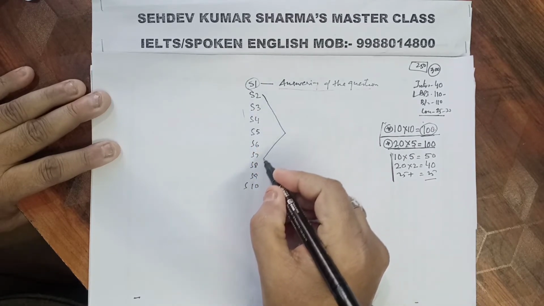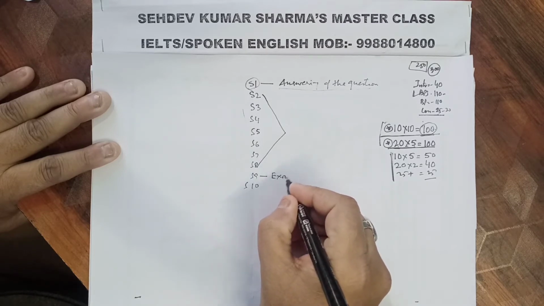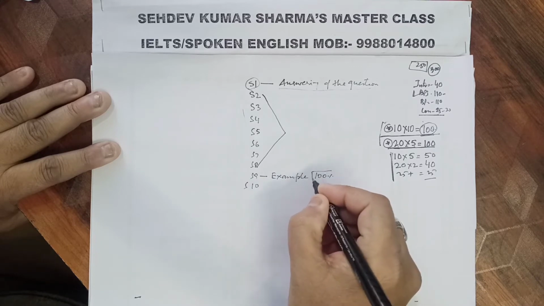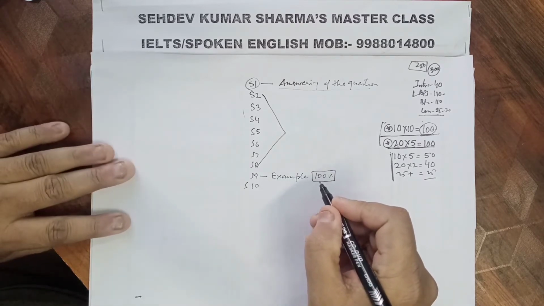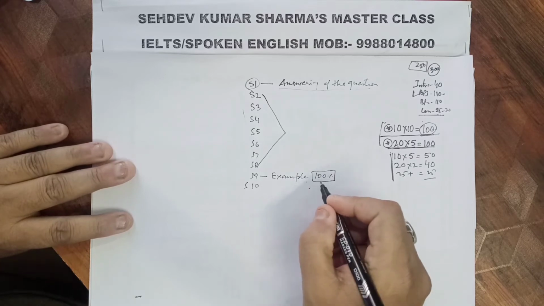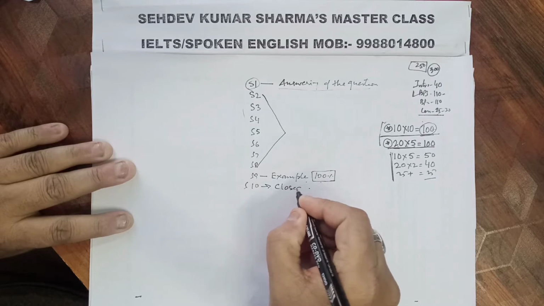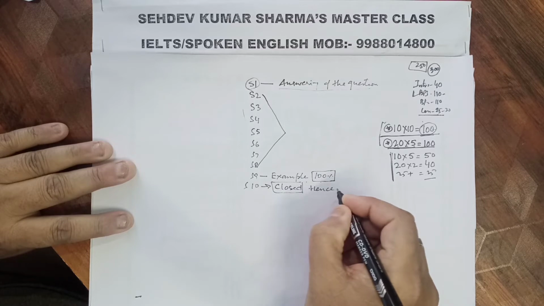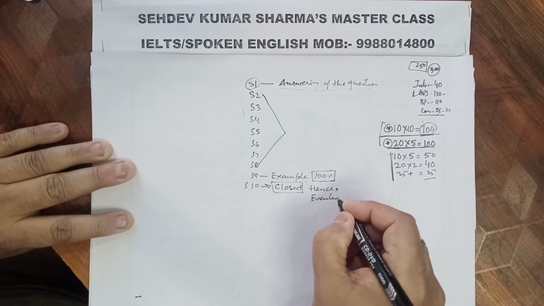My concern is totally with the later sentences. In the ninth, there should be one example, 100%. Please, if your teachers are not telling you, I have a successful model for this, right? Please give one example and it should come at the last, and not only the example, it must be closed, meaning the points should be closed. You can close it with hence, comma, or you can end it with eventually or something like that.